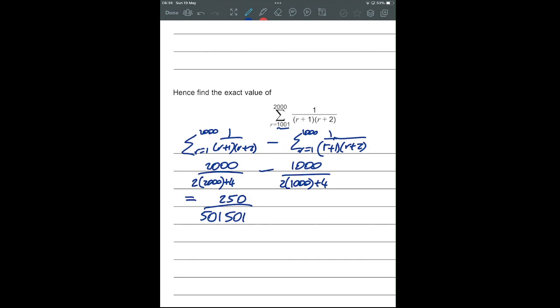So my instinct is, does this seem reasonable? Am I supposed to be summing 1,000 terms and I still get something which is less than 0.0001? Well, 0.005 if you turn that into a decimal. And yes, I think so.